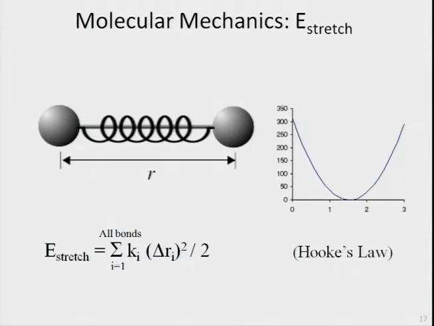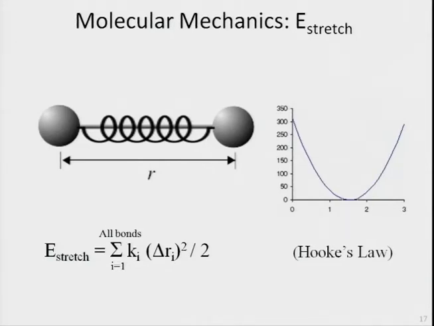What happens is that the spring has an ideal length that it wants to be. This is the ideal bond length. So if you try and pull the atoms apart, the spring will try and pull the atoms back together. At the same time, if you try and push the atoms together, the spring is going to want to push them back apart.